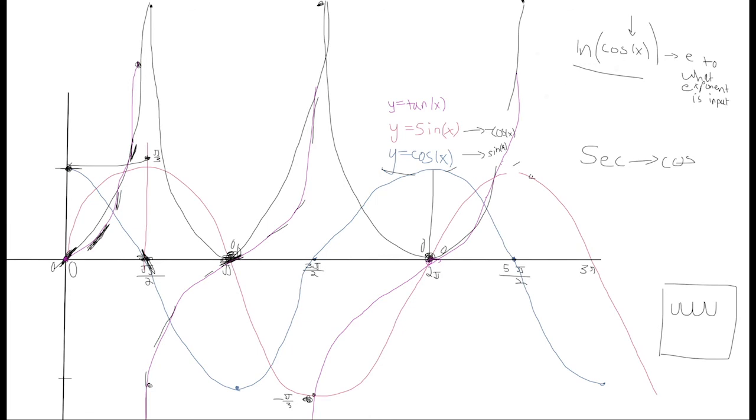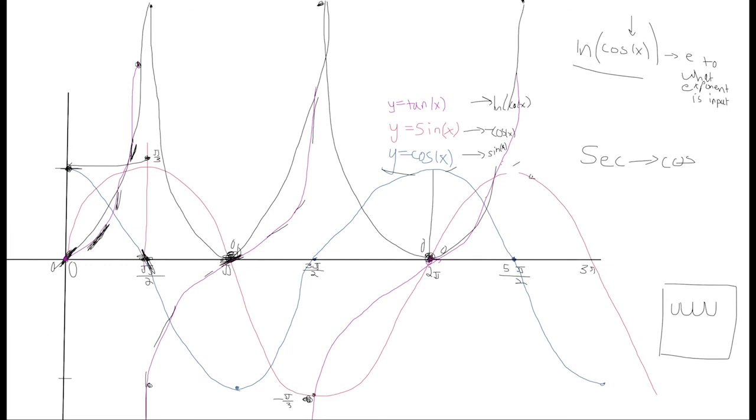And then it would output that. And then for every value, it would output that as the y value. That's basically what this function does. So that's what the function is going to be: the natural log of cosine of x.